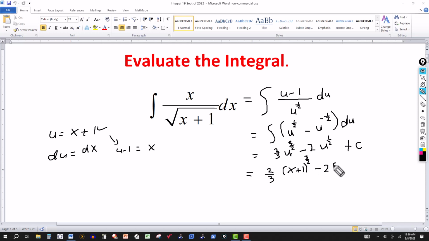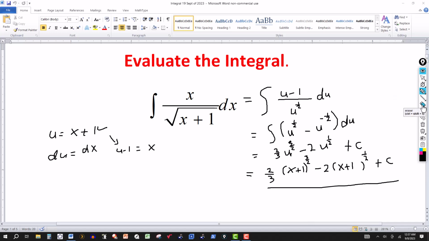I'm going to leave it as a fractional exponent here. So this will be x plus 1 for the u, to the 1/2 power, plus c. And that's your answer: 2/3 (x plus 1) to the 3/2 power minus 2 (x plus 1) to the 1/2 power plus the constant of integration.